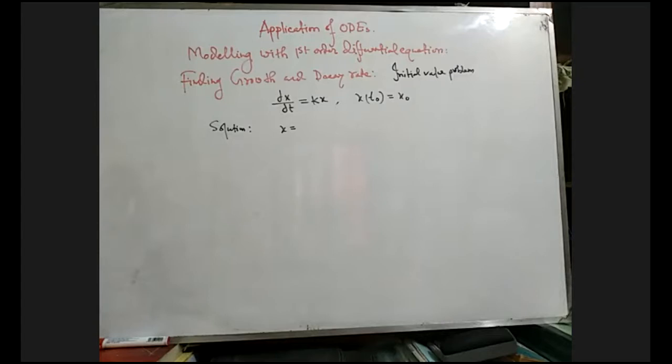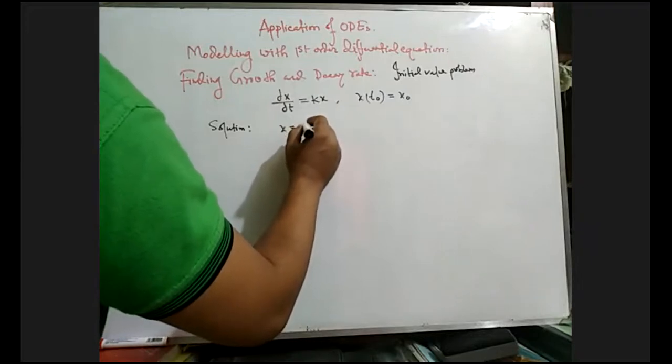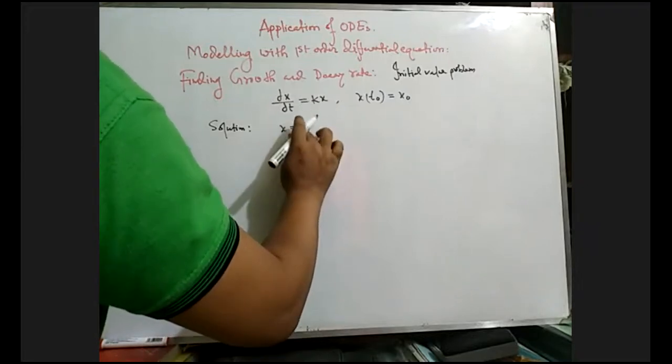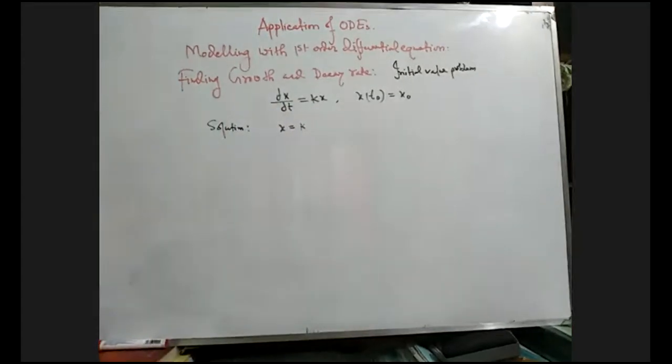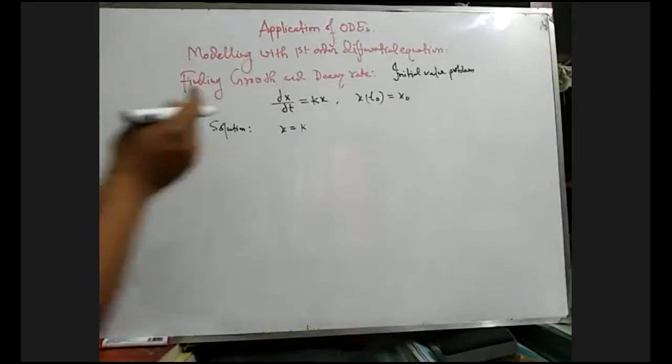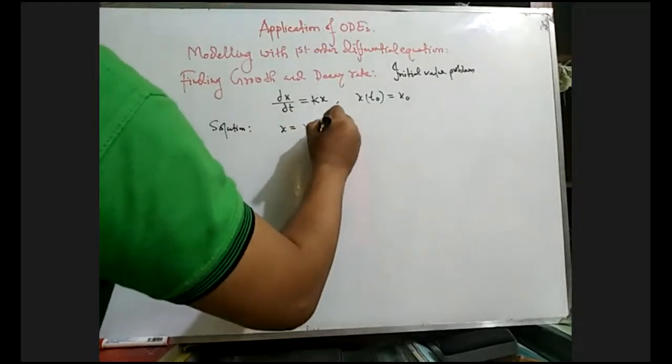So the solution can be written as x equals x naught into e to the power kt.